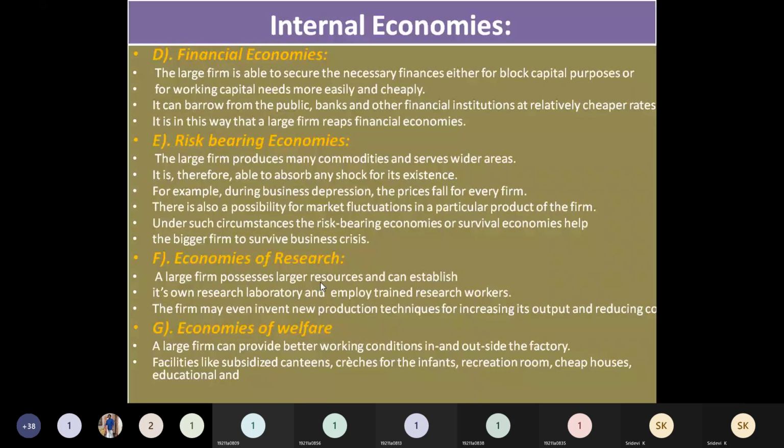If it is a big company which is producing large quantity, then only they can provide such subsidized canteens and recreation rooms, even cheaper houses. Even in BHL, you can see the colonies are there, constructed colonies. The BHL company itself is going to provide that.